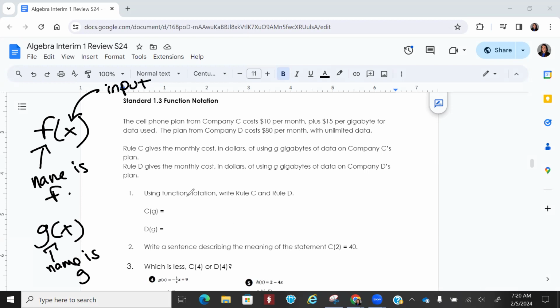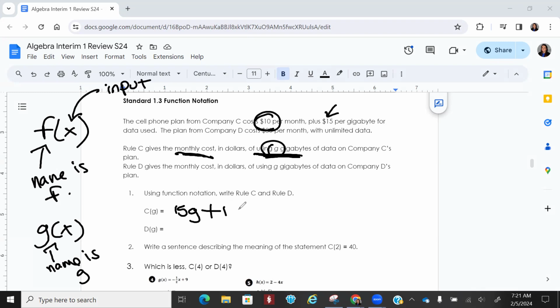Okay, so right here, they are asking us to give the monthly cost of using G gigabytes. I'm going to tell you right now that the input is going to be G. How much do we charge per gigabyte? 15. So for plan C, we're going to say 15 times G. And how much does it cost per month?